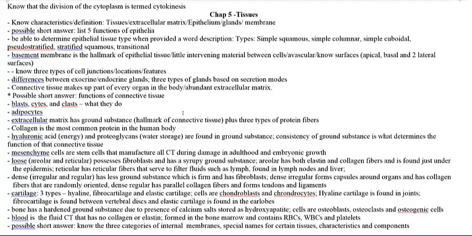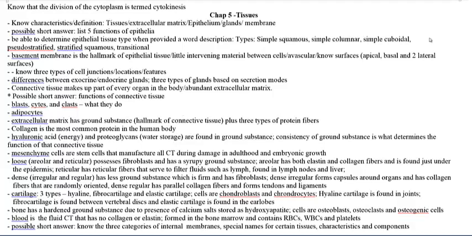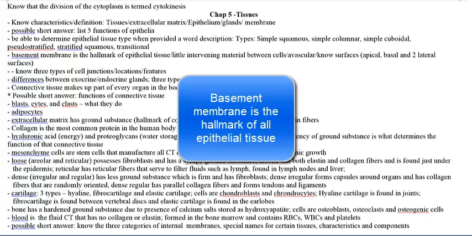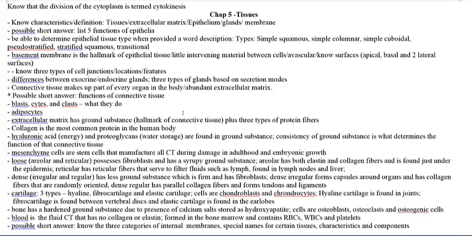You should be able to determine the epithelial type when I give you a word description. For instance, let's say I give you a word description such as the following. Basement membrane. Know that basement membrane is found in all epithelial tissue. So already you know I'm talking about epithelial tissue. Then I say the next describing term is a single layer.